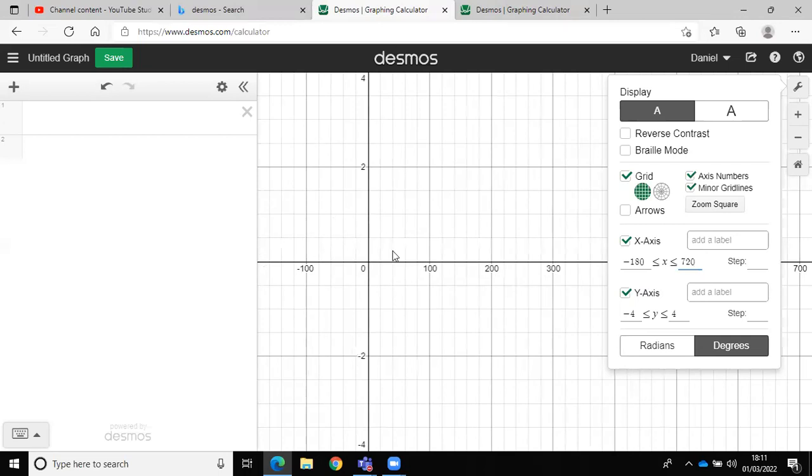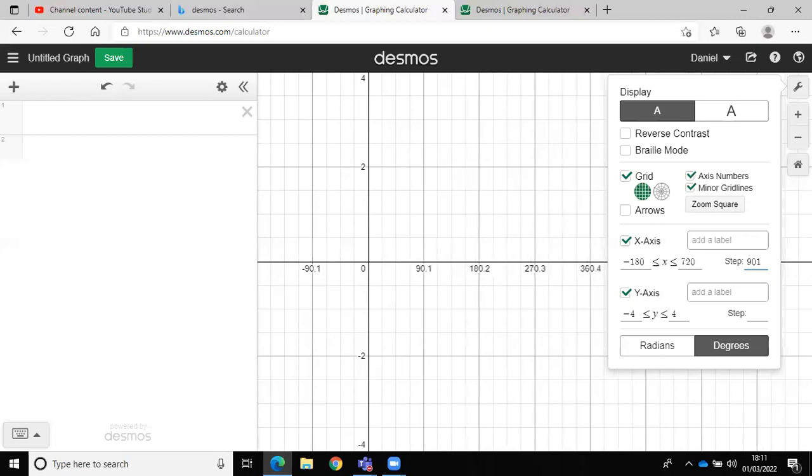Importantly, if you put the step here as 90, it gives you your milestones that we talk about. So you've got your 0, your 90, your 180, 270, 360, and that continues. Remember, sometimes we look for these graphs at a point past 360.